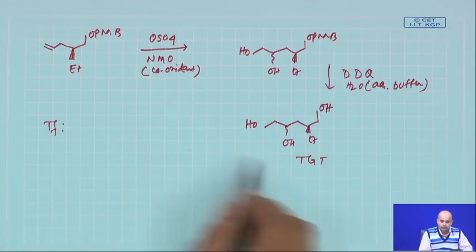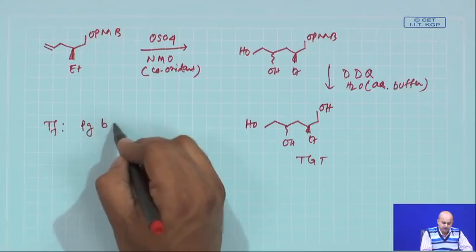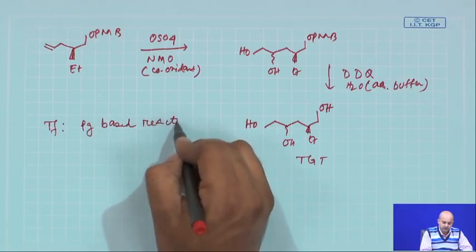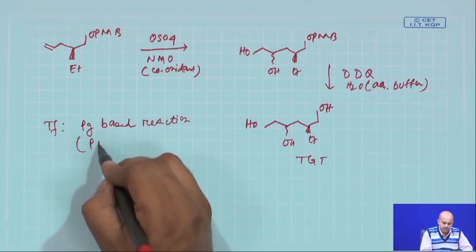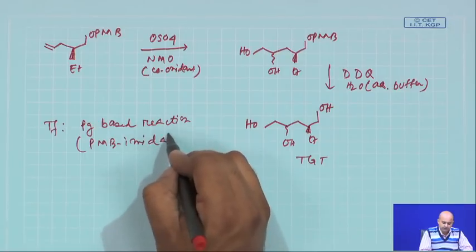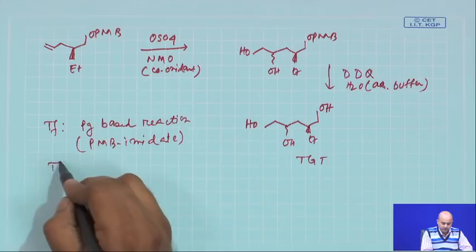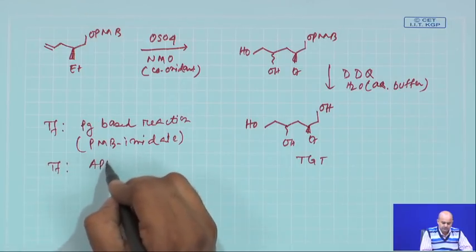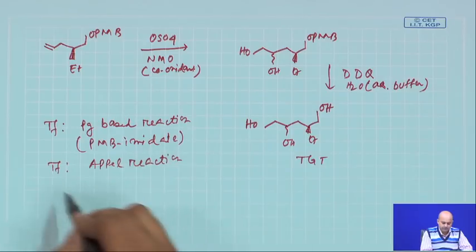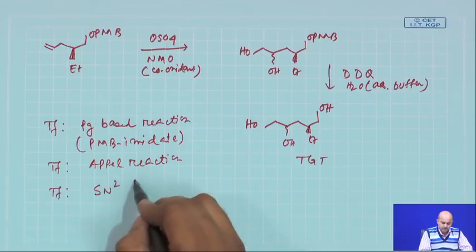So, what are the reactions we basically used here? If you try to correlate, we first did a protecting group based reaction, where we used a PMB imidate to take care of the stereocenter. Then we used an Appel reaction to generate the corresponding bromide from the alcohol, and we also used an SN2 type reaction.